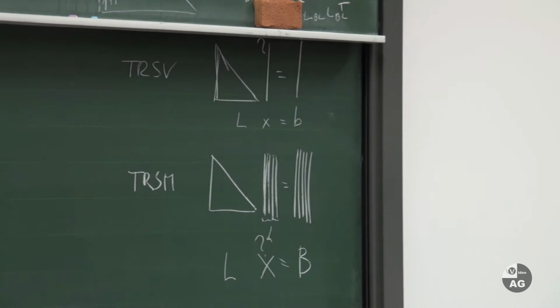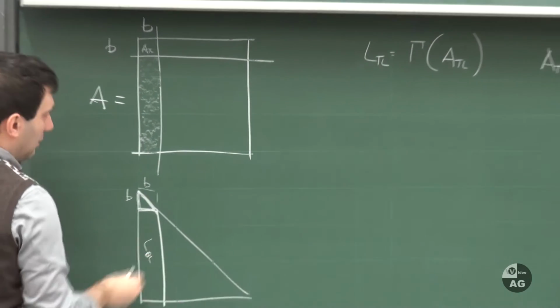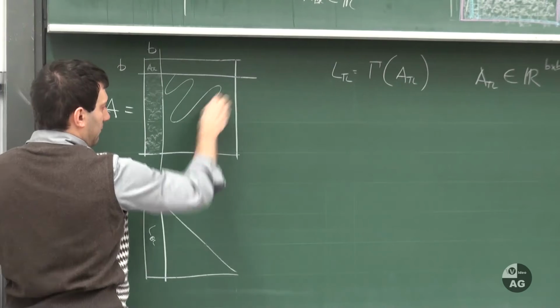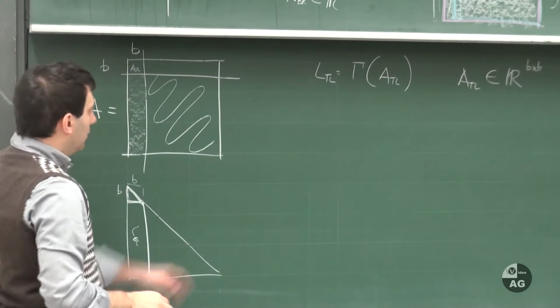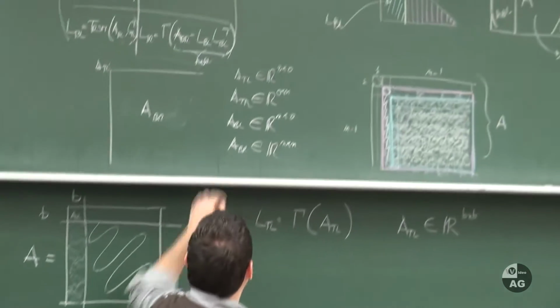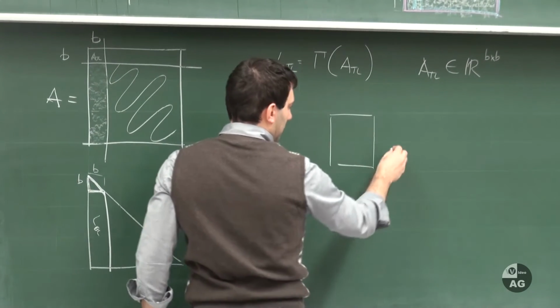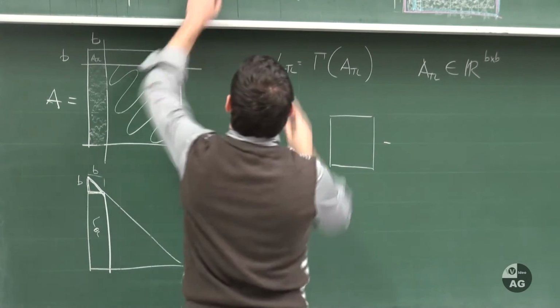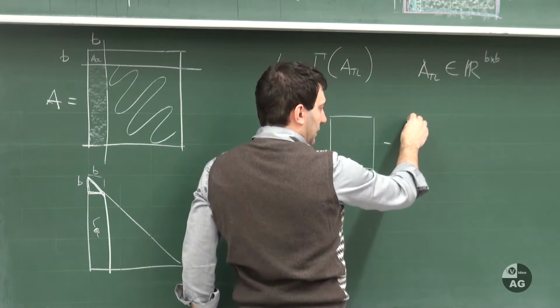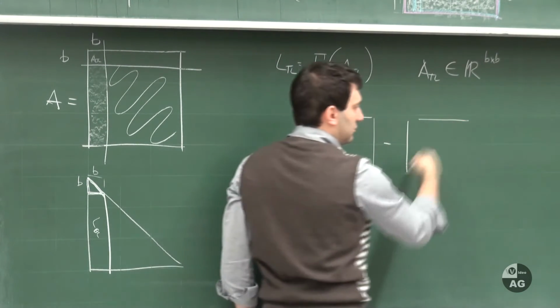Continuing, once we have done that and we have computed our L bottom left here, we can update all of this. In the unblocked world, we had matrix minus L bottom left, one vector times the same vector transposed.